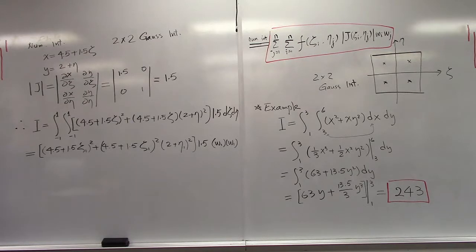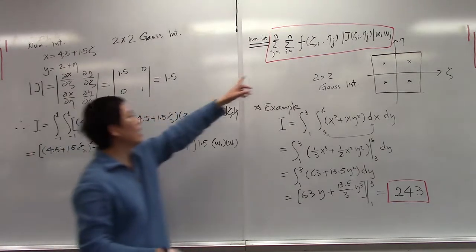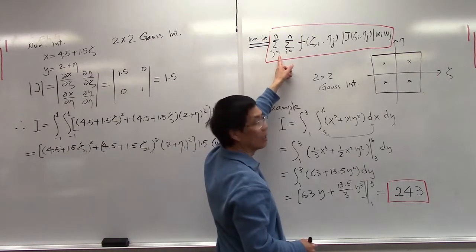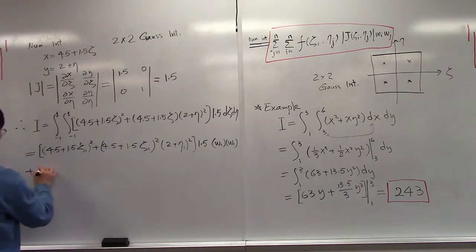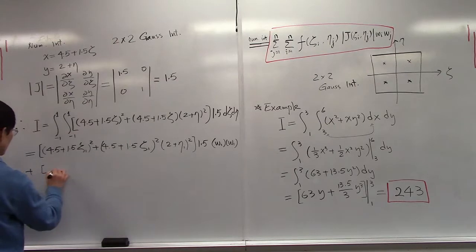Okay? This is the first term when i is 1, j is 1. And then when i is 2, we will have the second term, which is all this here.